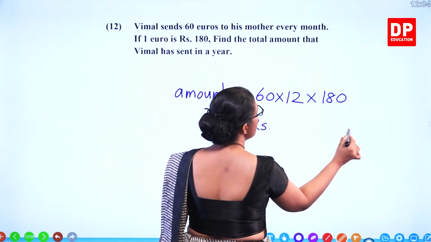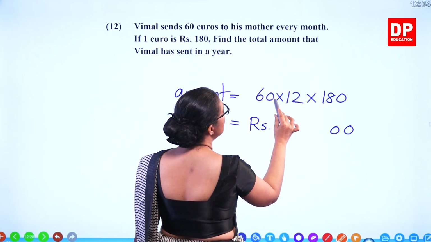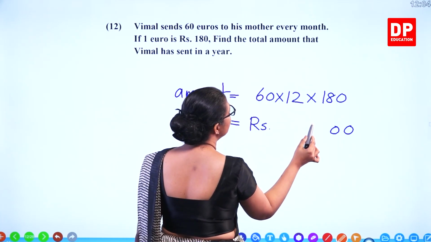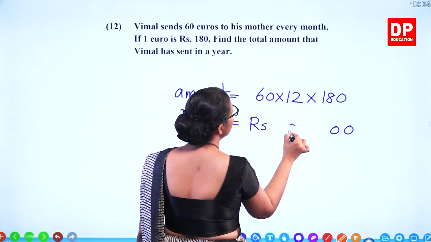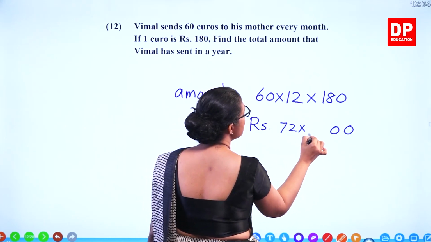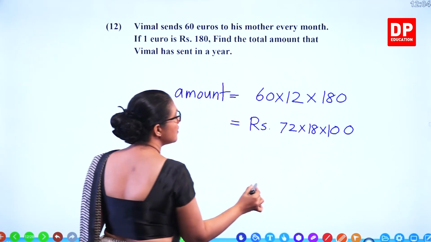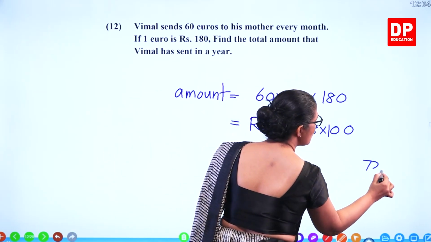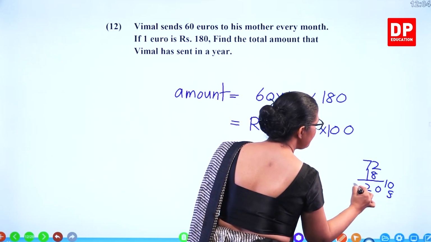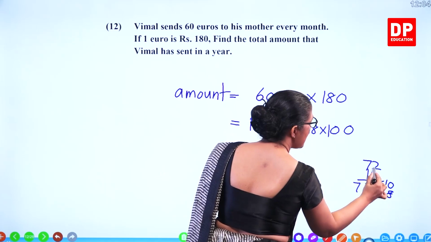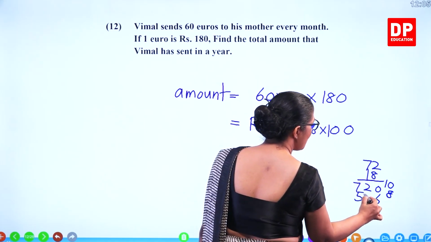What's the value? 2 zeros. And 6 into 12, that's 72 times 18. That's 100. So we'll first find out 72 into 18. 10 and 8. 8 times 2, 16. 8 times 7, 56 plus 1, 57.